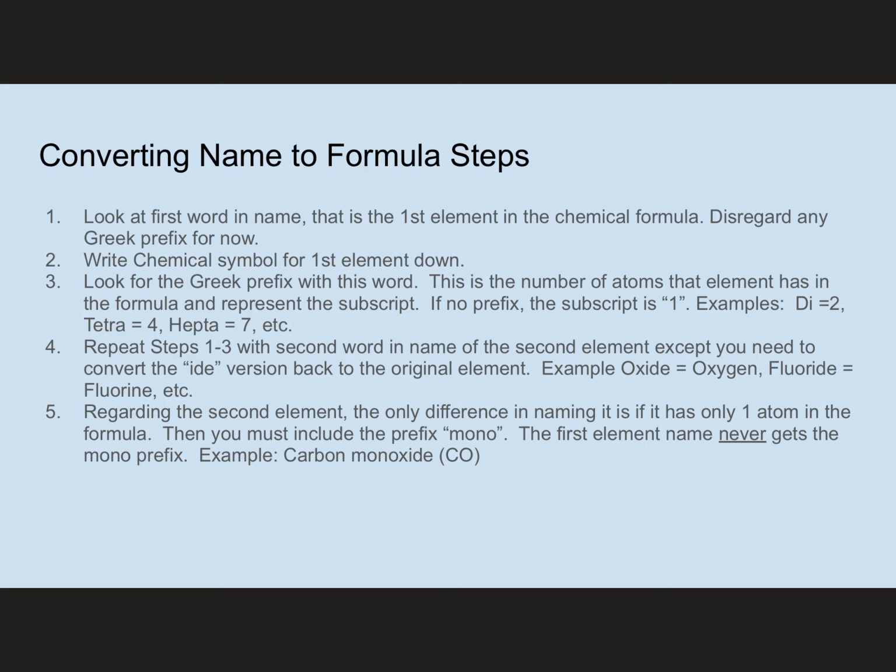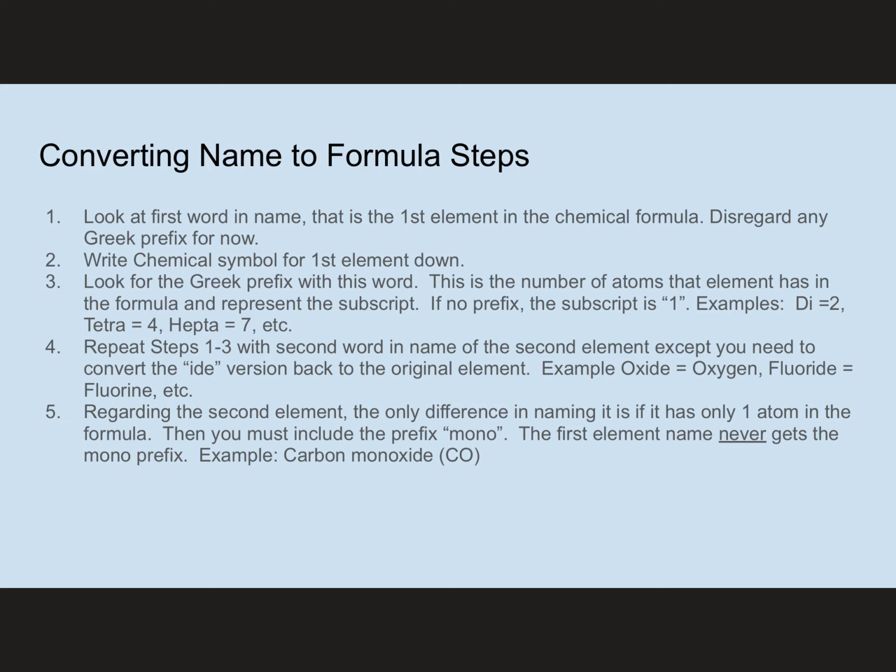Now remember, if there's no Greek prefix, it means that there's only one of them. We don't write mono for the first element. We just write the element and then make sure we know that that's one. So if there's no Greek prefix, that means that there's only one of that atom in the compound.